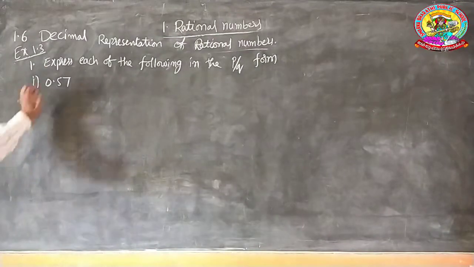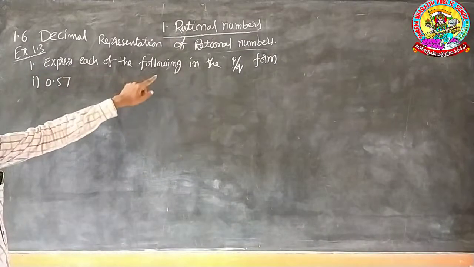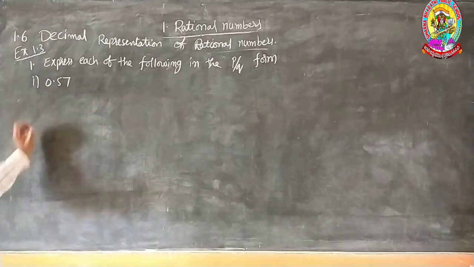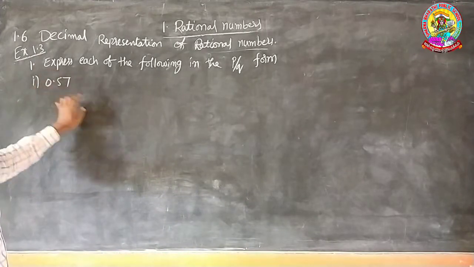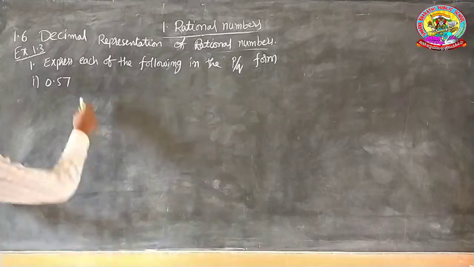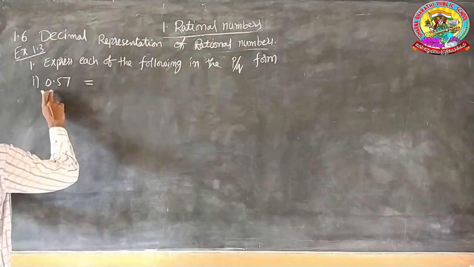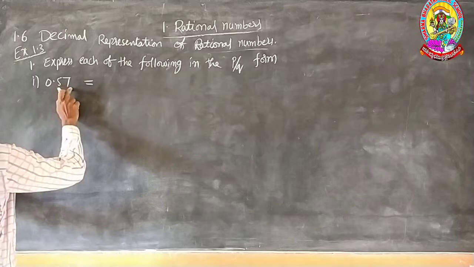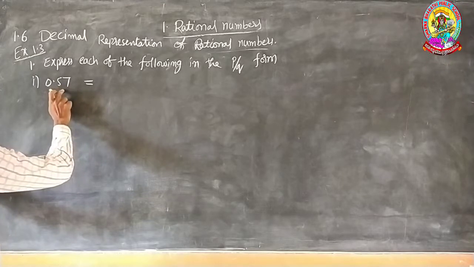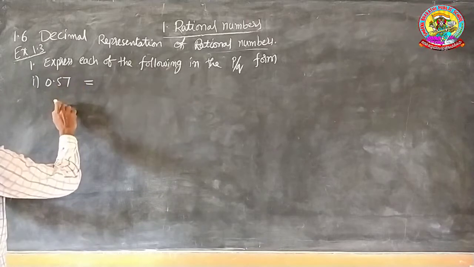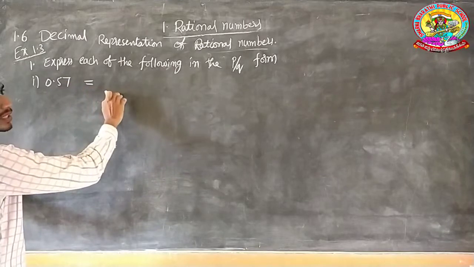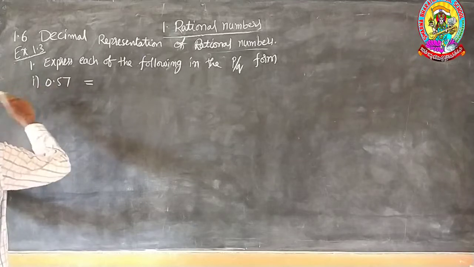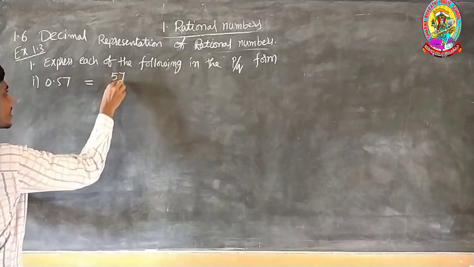So the question is: express each of the following in the p/q form. For 0.57, you have to convert this decimal number into a rational number. This is a decimal fraction, which means the fraction containing 10, 100, 1000 as the denominator. First remove the decimal point and write the number as it is.